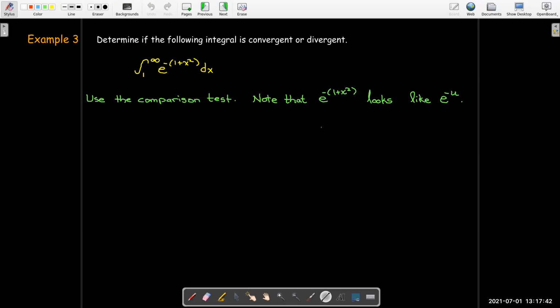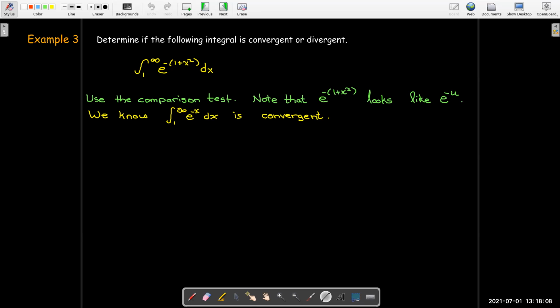It looks like e to the power of -u, and we know that if u were to equal just plain old x, we just showed that that integral is convergent. So the question is, is e to the power of the quantity 1 plus x squared larger than e to the power of -x? That's not going to help us.